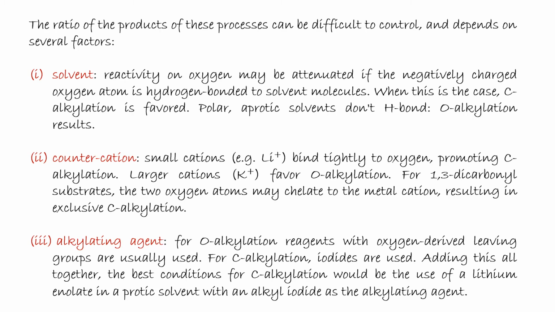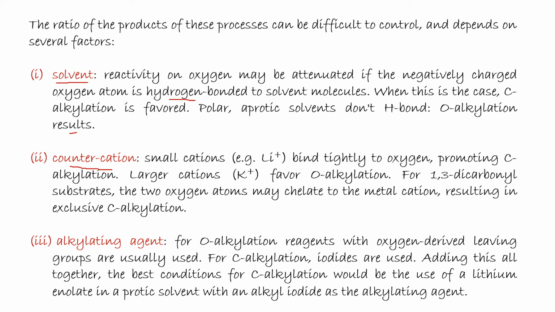The ratio of the products of these processes can be difficult to control and depends on several factors. Solvent: reactivity on oxygen may be attenuated if the negatively charged oxygen atom is hydrogen bonded to solvent molecules. When this is the case, C alkylation is favored. Polar aprotic solvents do not have hydrogen bonds, so O alkylation results.